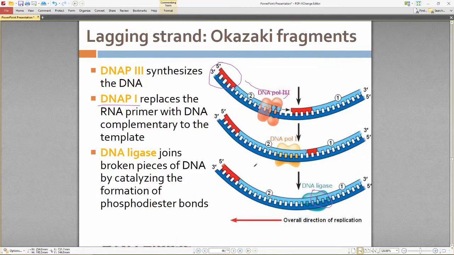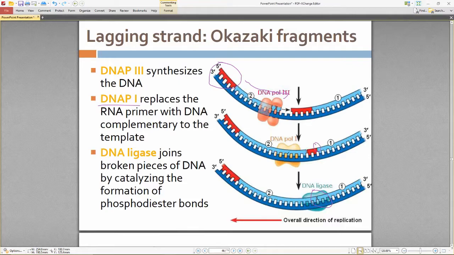Alright. DNAP1 and 3 can't actually ligate this gap. Because DNAP1 is coming down and replacing, it has to stop at this last base. If it stops at this last base, there's still a little gap here, because just because it puts a base down doesn't mean that it's ligating the gap between this base and this base.